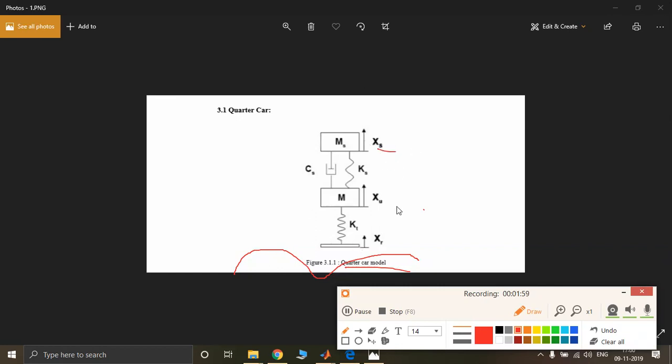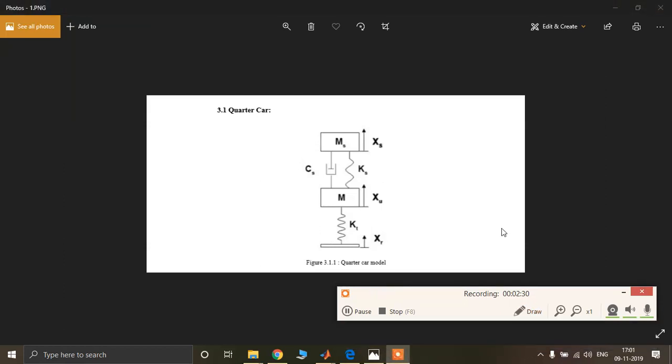So in this case there are two variables that define the position. One degree of freedom is the bounce of the wheel, and the second is the bounce of the body, that is the sprung mass. So the total degree of freedom will be 2.